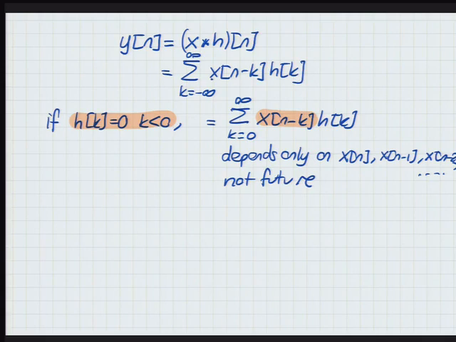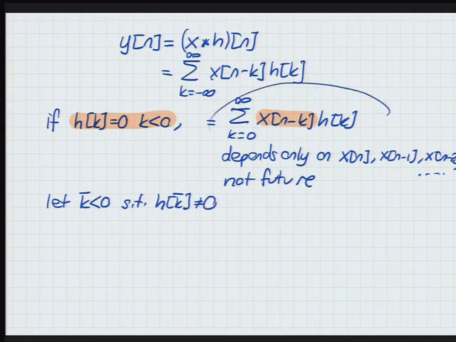There is at least one negative k where that's not true, right? Let's call that one bad apple k bar, such that h of k bar is not 0.